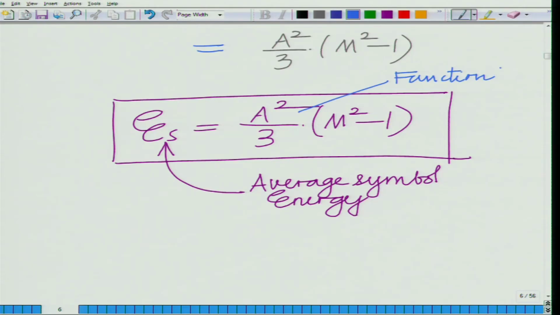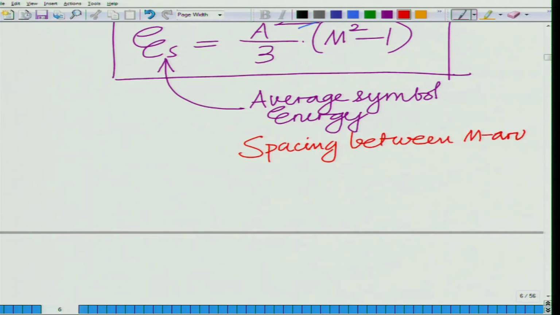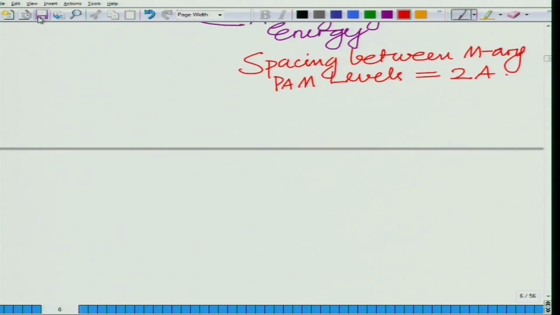That is the point. Spacing between M-ary PAM levels is equal to 2a.